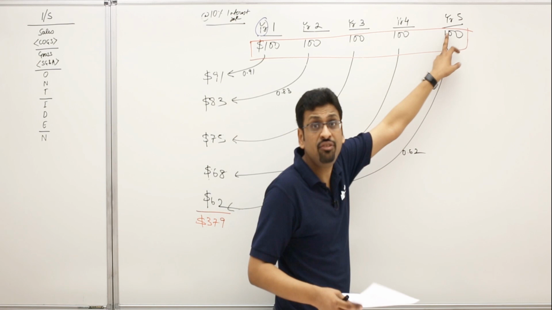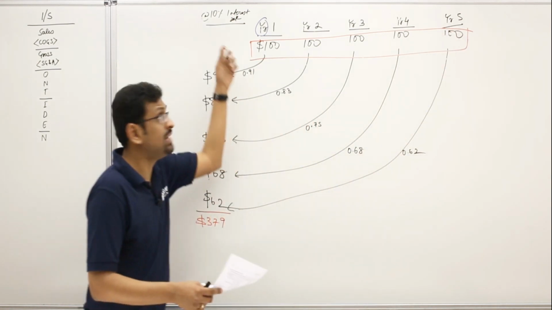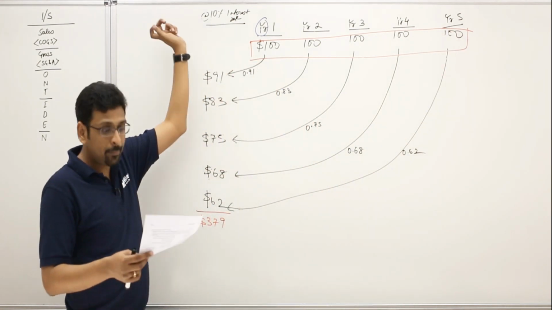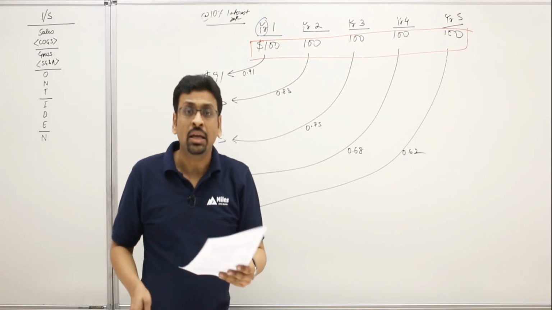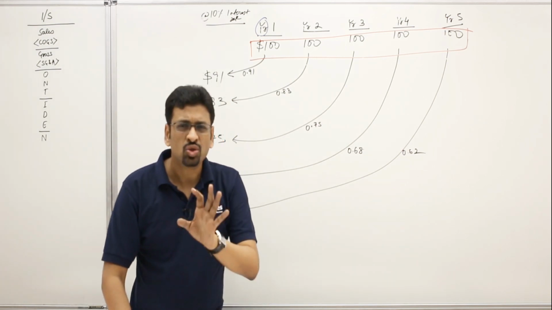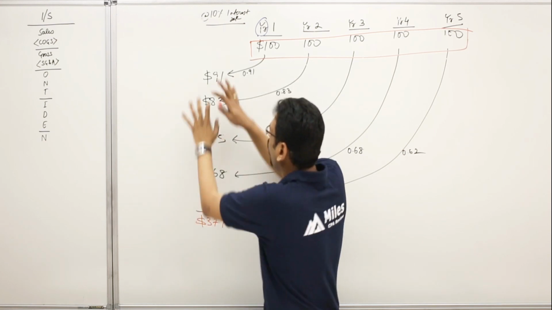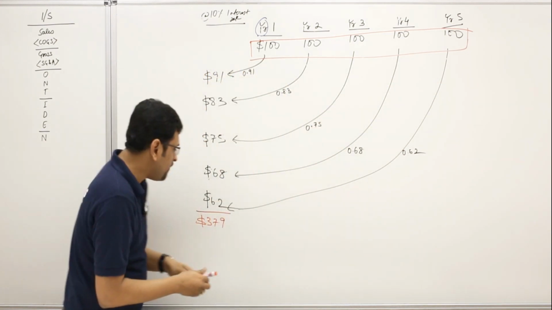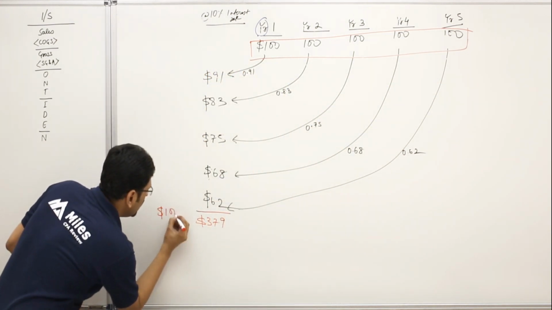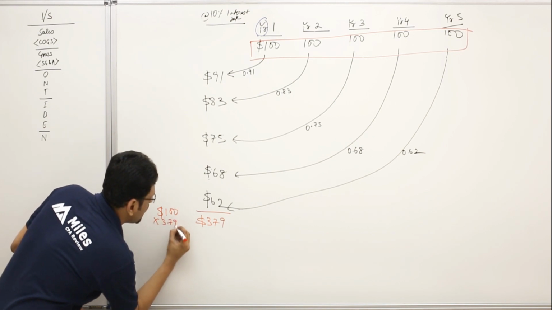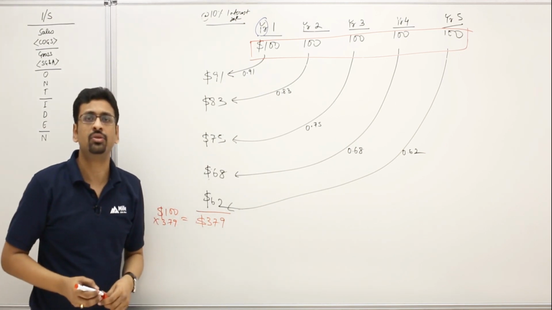So I'm looking at the 5-year row. What's the rate of interest? 10%. So 5-year row, 10% column, and I get this number 3.79. So guys, it would have been so simple. Instead of doing all these calculations, I would have simply done $100 into 3.79, which would have given me $379.